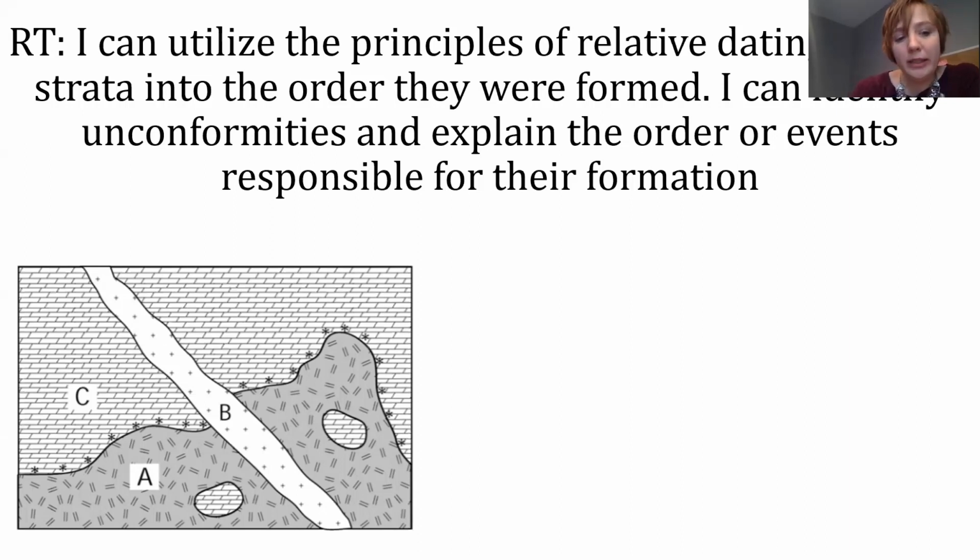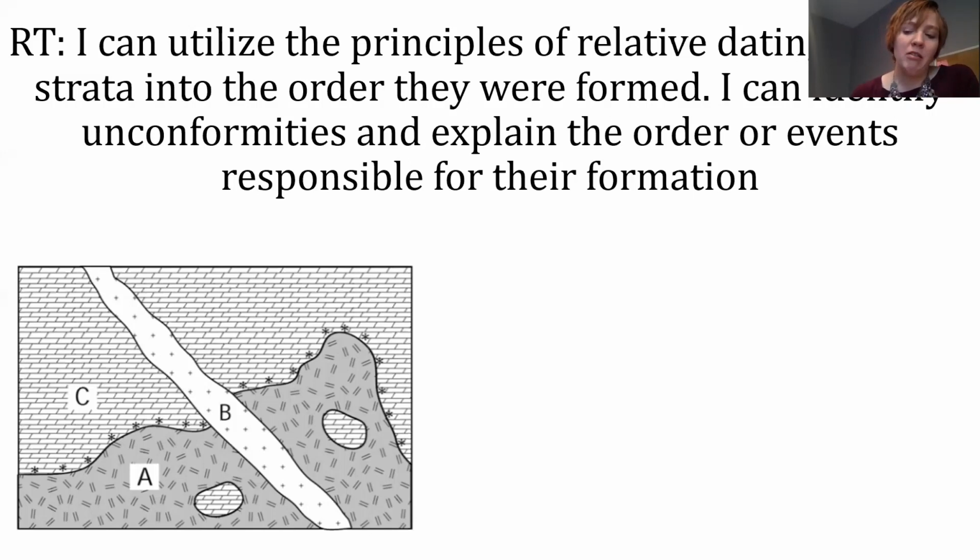The next oldest would be A. I know that because A is actually an igneous intrusion. I know it's an igneous intrusion because its edges are all sort of blobby, right? So that's what I would expect from an igneous intrusion. Also, if you see those little stars on the outside of the intrusion, some images have that, some don't.